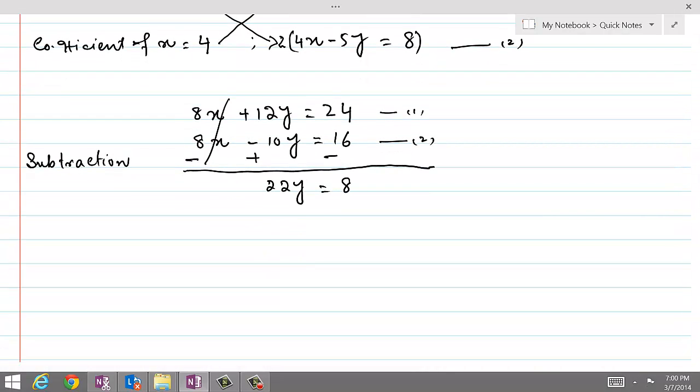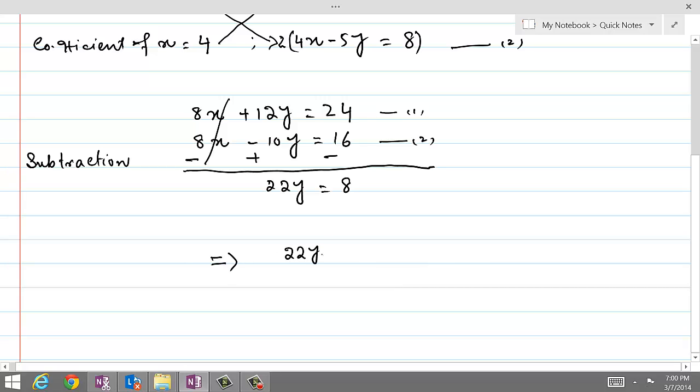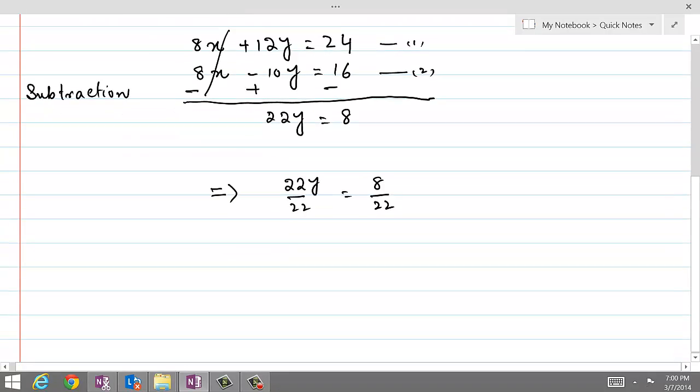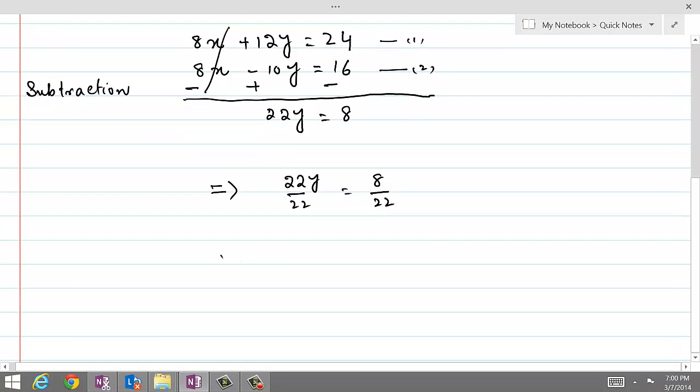And dividing both sides by 22, this implies 22y divided by 22 equal to 8, which must be divided by 22 as well. Therefore we have y equal to 8 over 22, which can be further simplified by dividing 8 by 2 and 22 by 2.